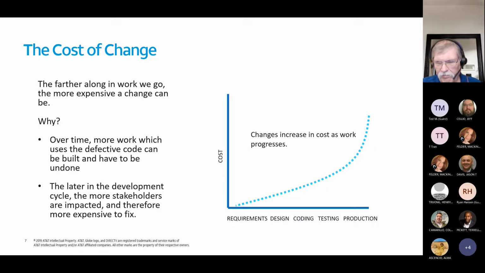Everything from taking the user story, designing, coding the solution, testing it, and putting it into production. Okay. You may want to really concentrate on this: the later in the development cycle, the more stakeholders are impacted, and therefore everything is more expensive to fix. Okay.